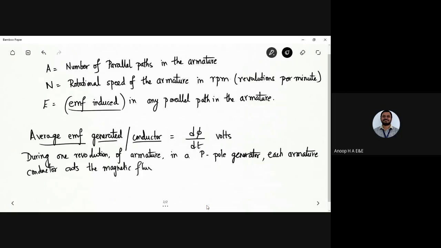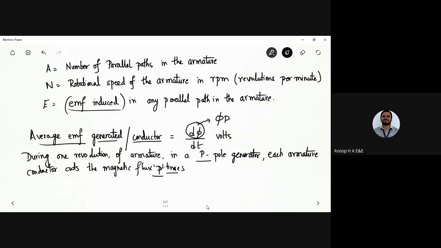P is nothing but the number of poles here. So if I have a 2-pole generator, each armature conductor cuts the magnetic flux 2 times. So this is P times here, and this d phi is phi into P. That's how I can write it.